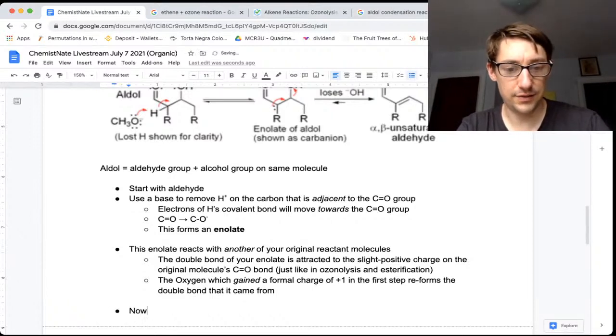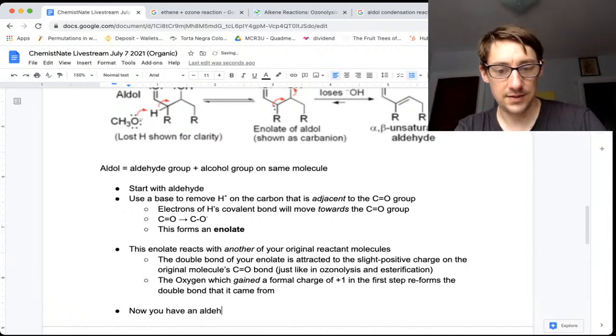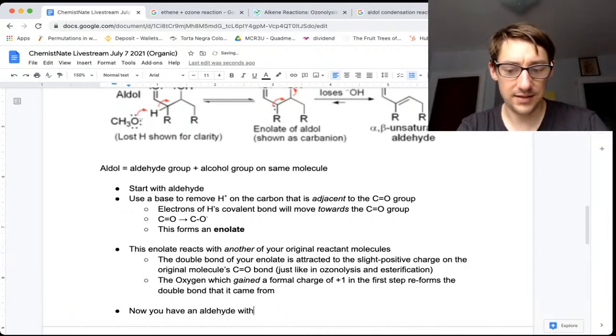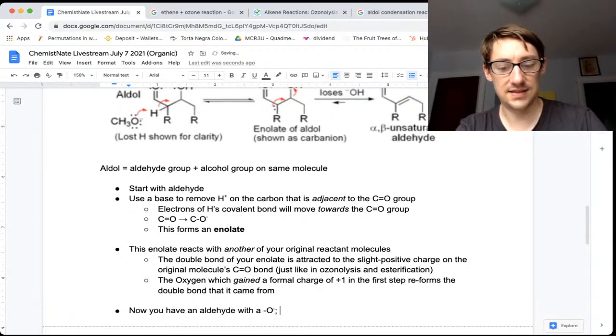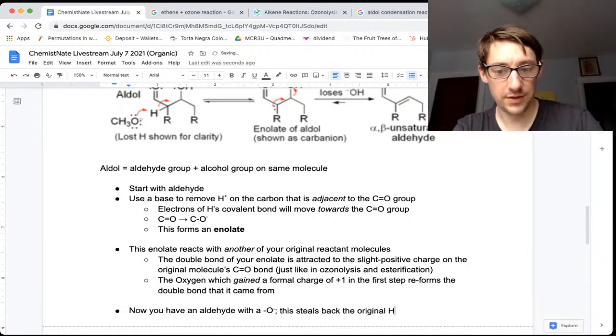Now you have an aldehyde with a single bonded O minus. This steals back the original H from the base. That's kind of cool.